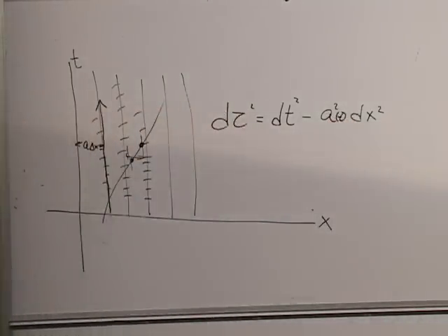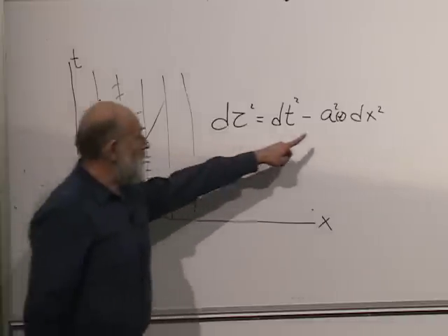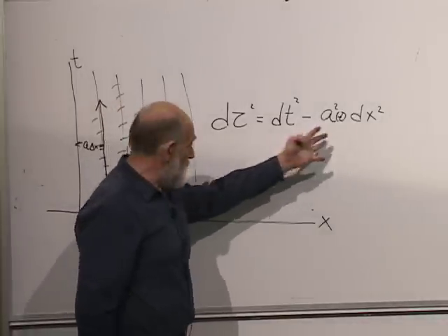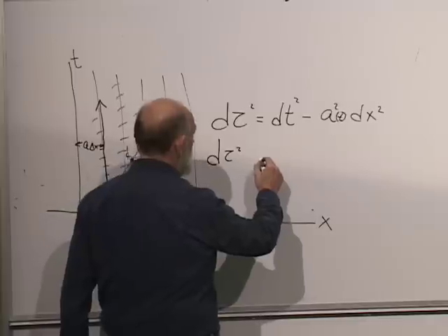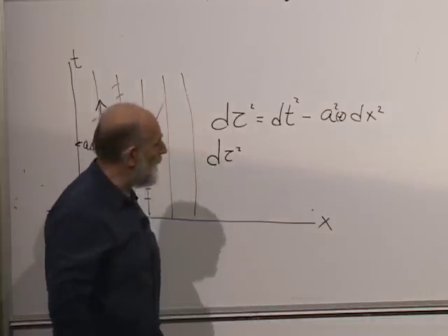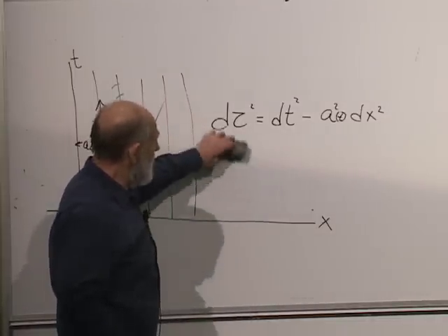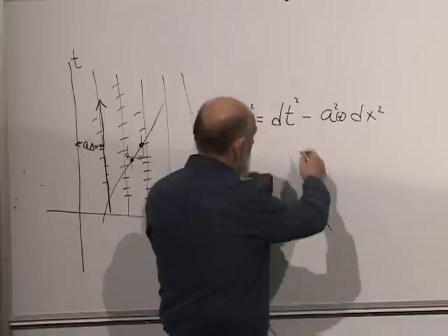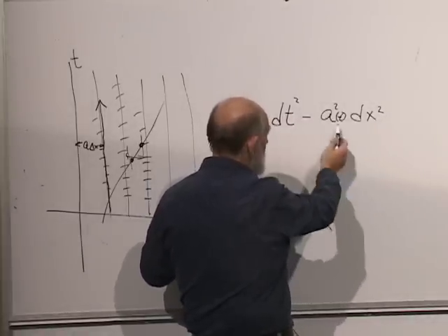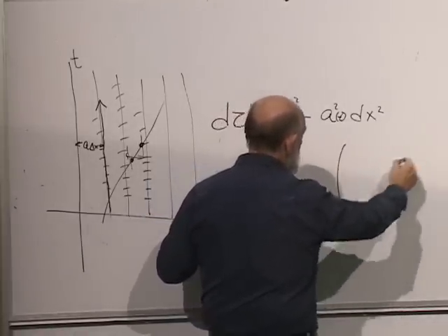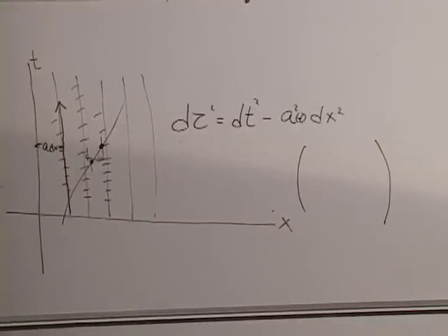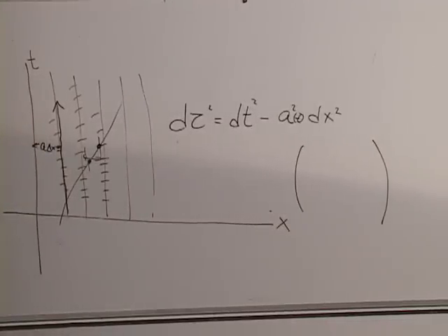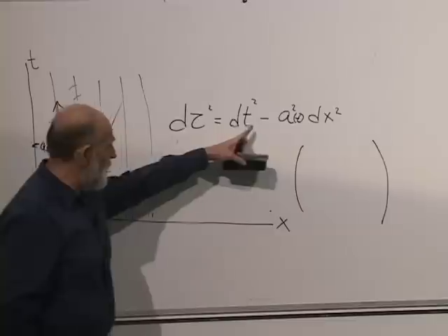So another way of thinking about the scale factor is that it's the space component of the metric. Let's just compare that with d tau squared. Here's a geometry. It's a space-time geometry. And what is its metric? Its metric, again, is a set of components. The set of components represents the coefficients in this form here.